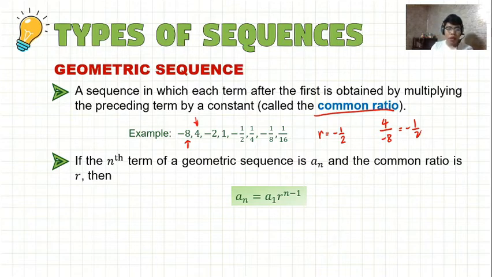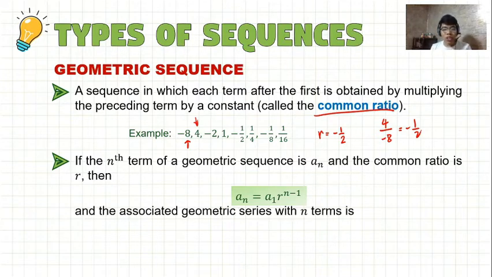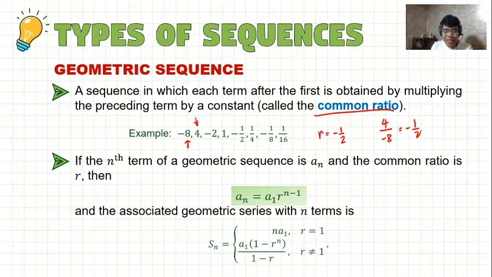Okay? Now, the associated geometric series with n terms, meaning finite siya kasi until n terms lang. For finite geometric series, the formula is this one. So, as you can see, para siyang piecewise function. So you will just evaluate the formula depending on the restriction given.